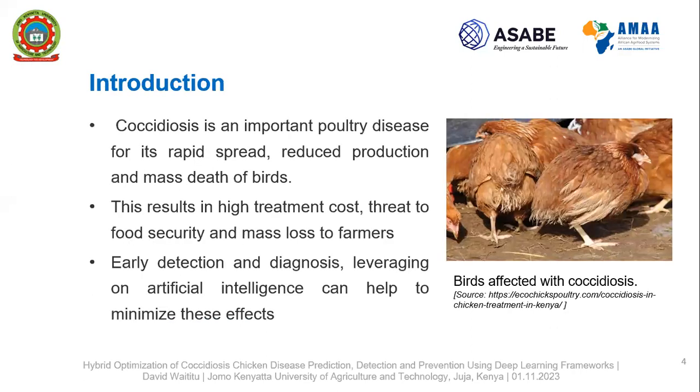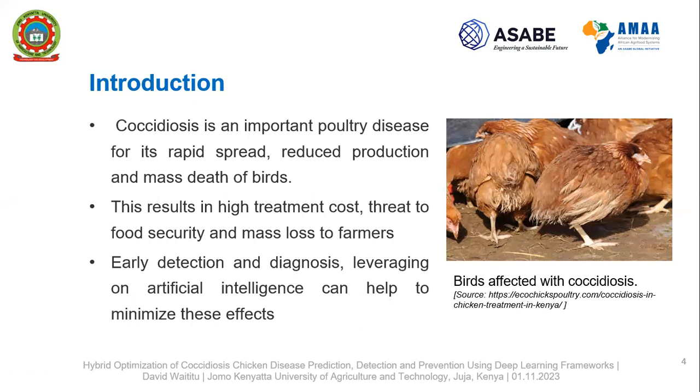Coccidiosis is an important disease of key interest, especially in my country, because it's characterized by rapid spread and reduced production. We can see in the image the chickens just idling around. They're sleepy and they cannot feed.